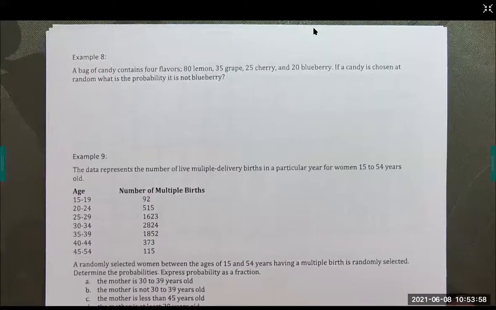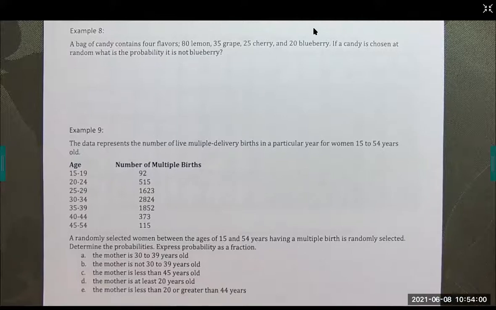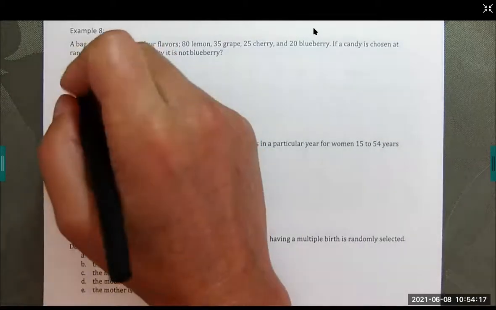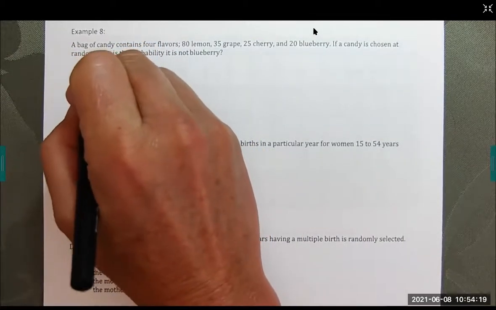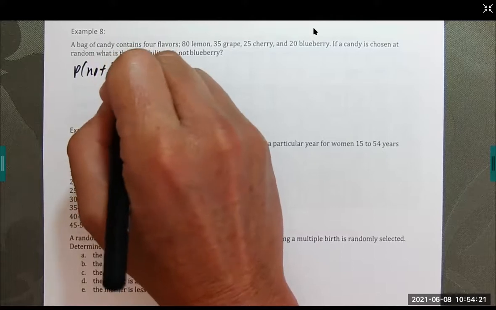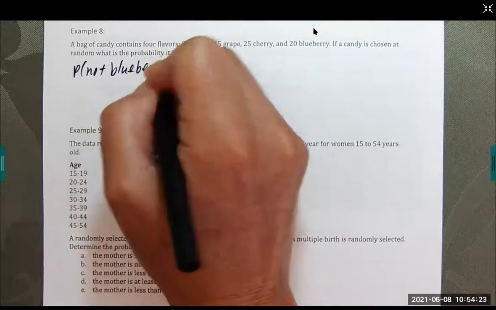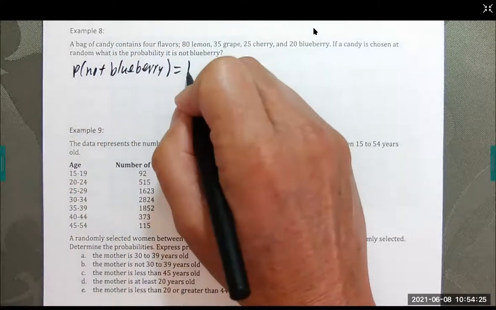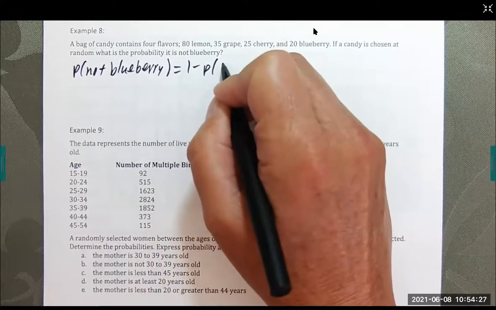Example 8. A bag of candy has 4 flavors. 80 of them are lemon, 35 are grape, 25 are cherry, and 20 are blueberry. If a candy is chosen at random, what is the probability that it is not blueberry? So here's the not idea. The probability of not blueberry is going to be 1 minus the probability of getting blueberry.